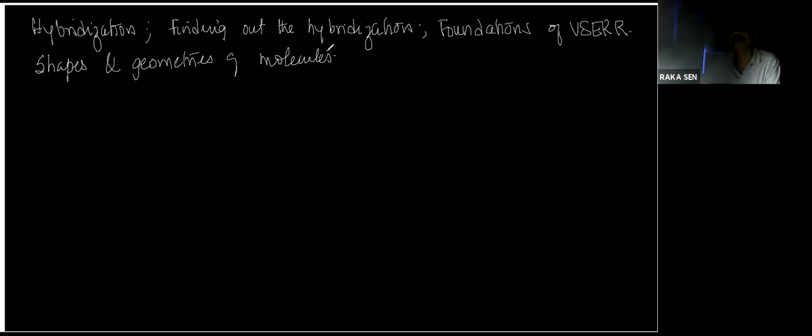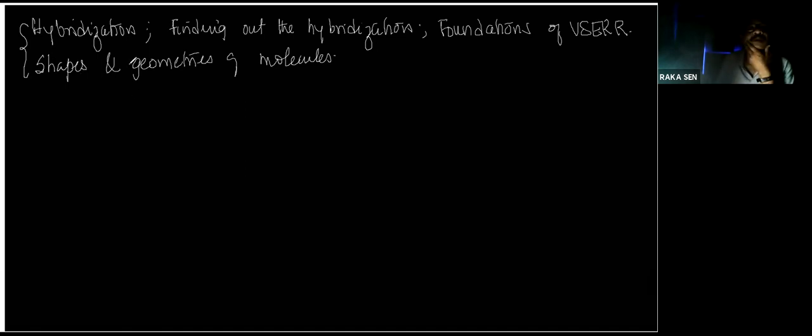Let me start with the structure of methane. These are the areas we are going to discuss for this day and the next day, that is on Thursday. First of all, we'll try to understand what hybridization is. I'll give you the structure of methane first, and then try to explain that structure.